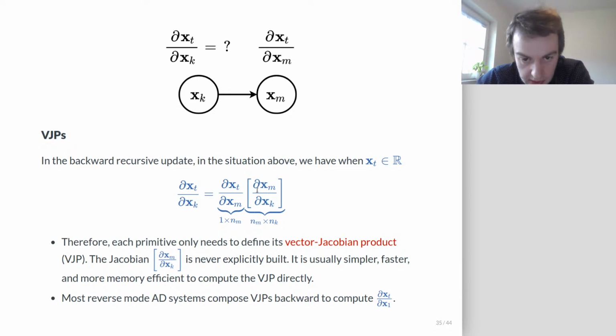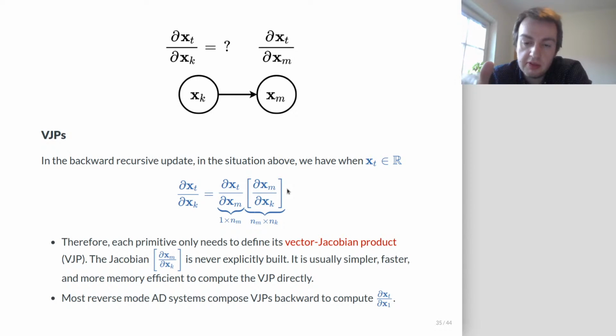However, usually if xt is a scalar, which is really the case in deep learning, this Jacobian corresponds to a vector. And what we just want to do is to compute this new Jacobian, so you can re-express the same computation as a vector times Jacobian product, which we call a VJP.